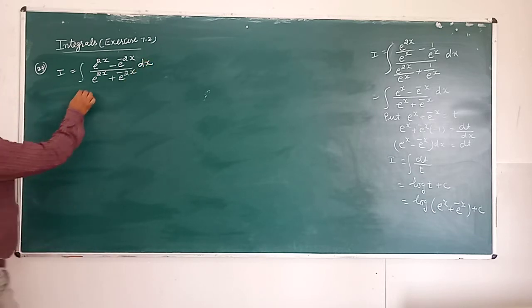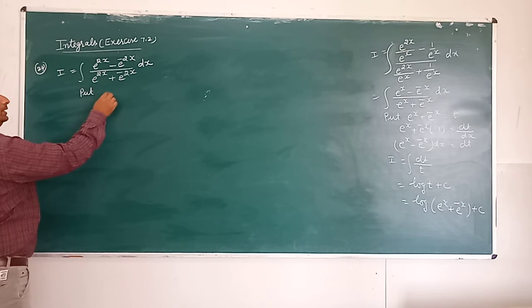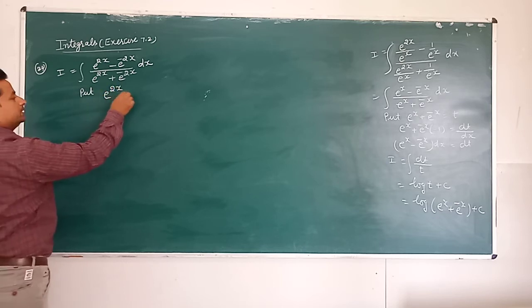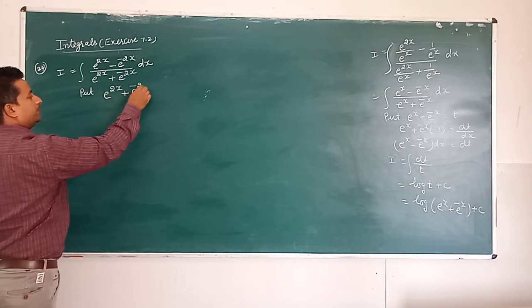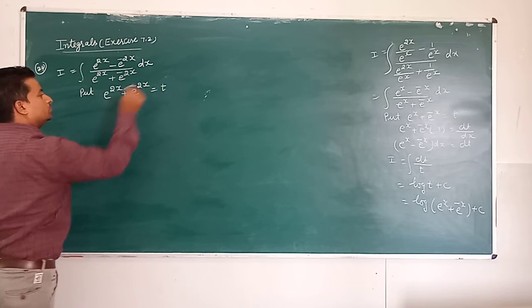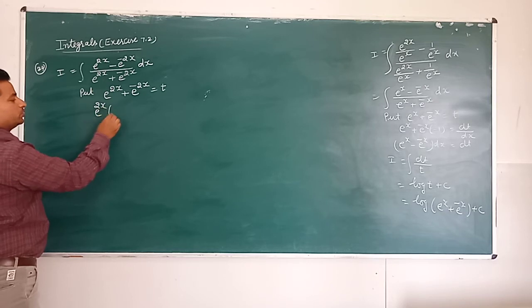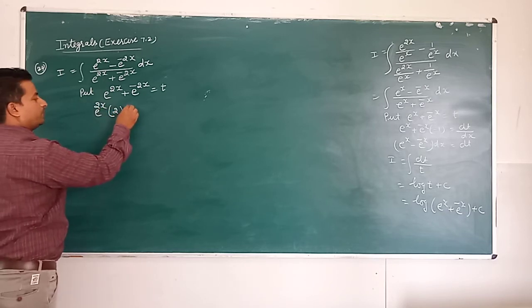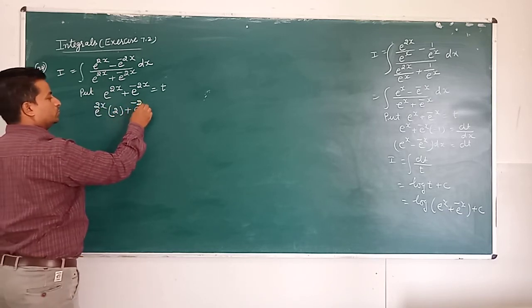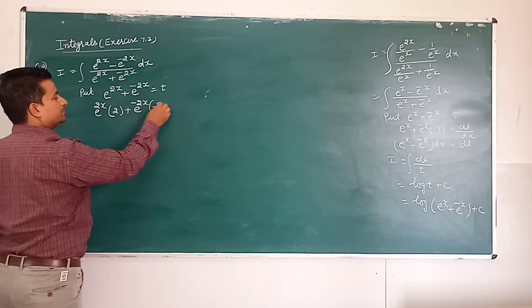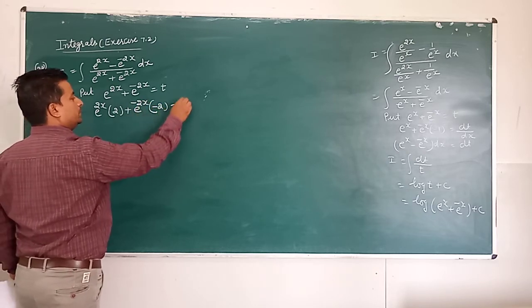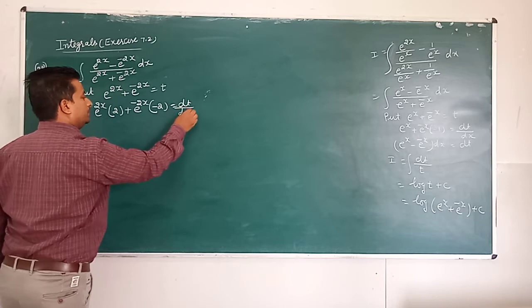In this question, first we put e power 2x plus e power minus 2x equals t. When we differentiate this with respect to x, differentiation of 2x is 2, differentiation of the other power is minus 2, this is dt upon dx.